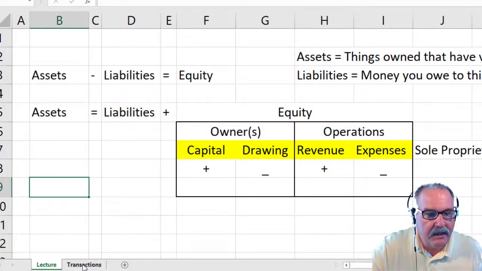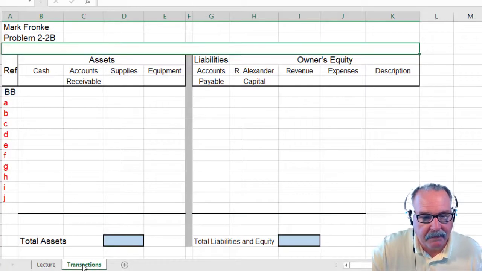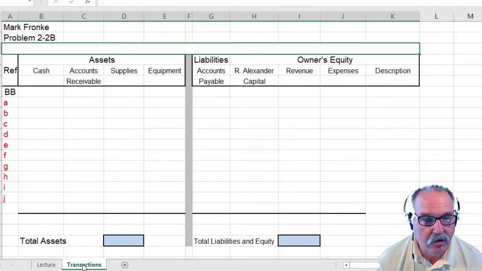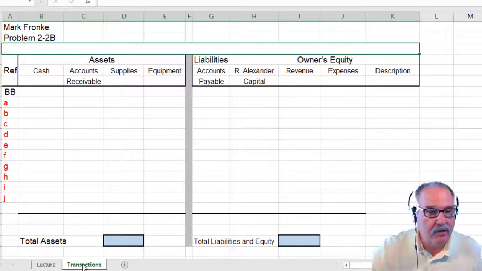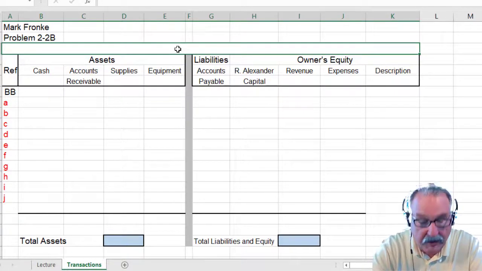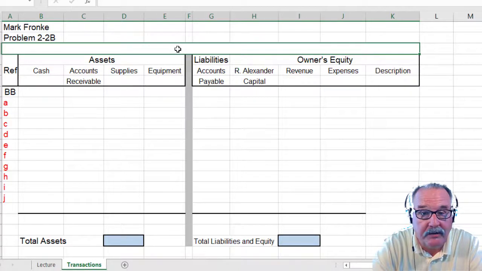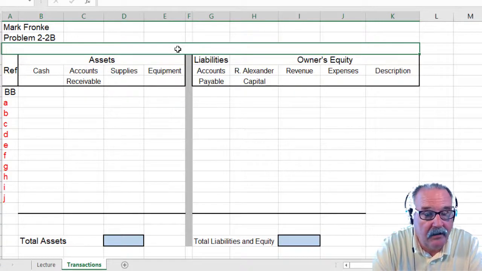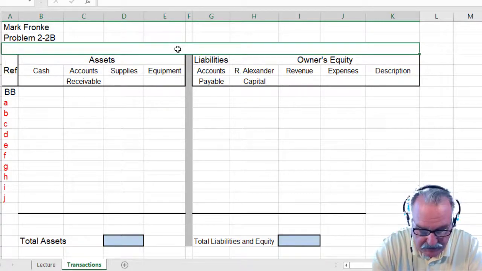And I've set up a work paper here that looks like this so that we can do this problem. This is problem 2-2B, and as you know from my work paper video, if you haven't watched that, you need to. I want your name and the problem number at the top of each page.